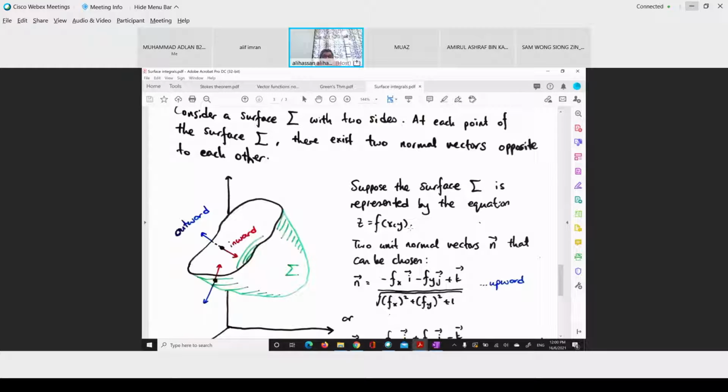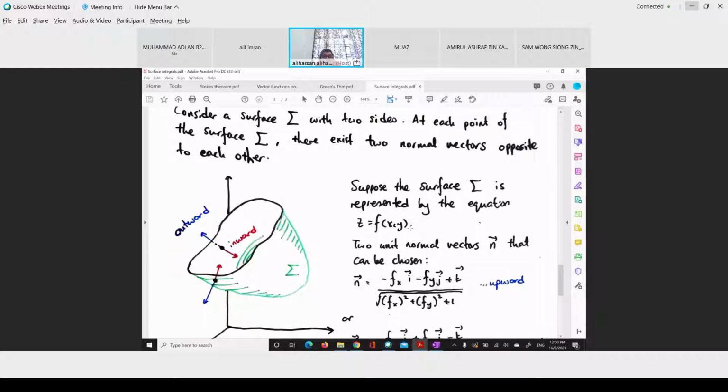It is said to be in the orientation induced by sigma. Suppose sigma is an oriented surface with normal vector n and finite surface area.